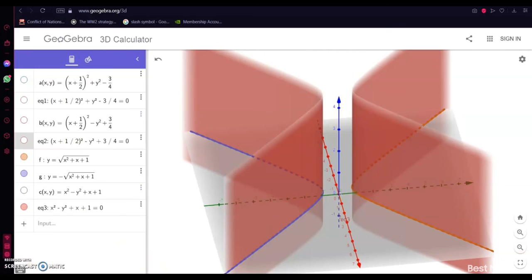to this z-axis. Let's look above it from the top. Wait a second. Why? Because this equation goes up into the z-axis, and when you look at it from the top, you're looking at it from an x, or depending on how you look at it, this is a y plane and this is the x plane.